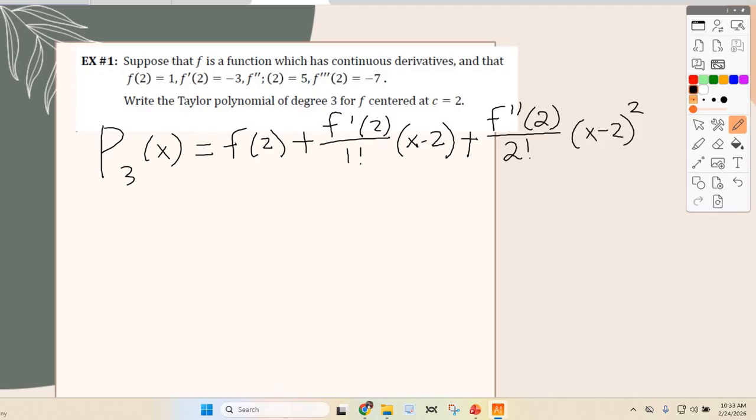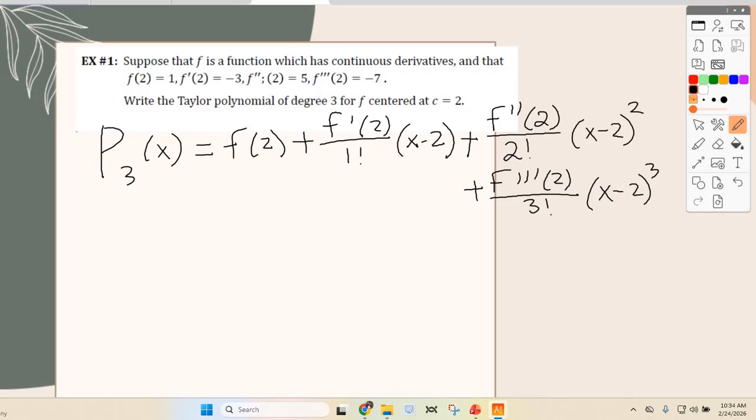So basically, remember that your nth degree derivative should match your nth power and the n factorial on the bottom. They should all match. I'm just out of room, so I'm going to put it just down below. And then what's our next term? f triple prime of 2 divided by 3 factorial times x minus 2 to the 3rd.